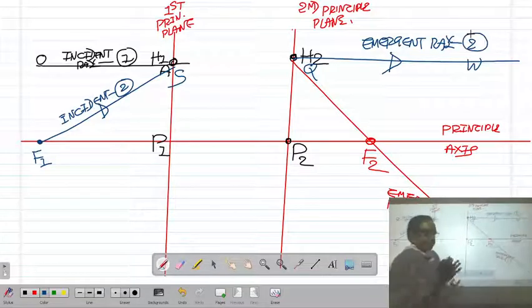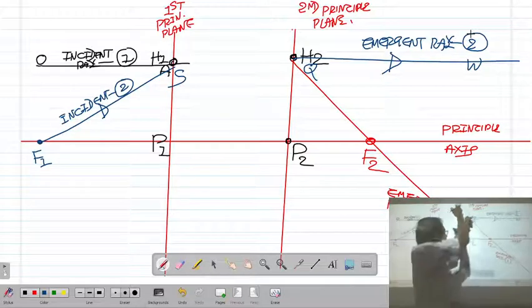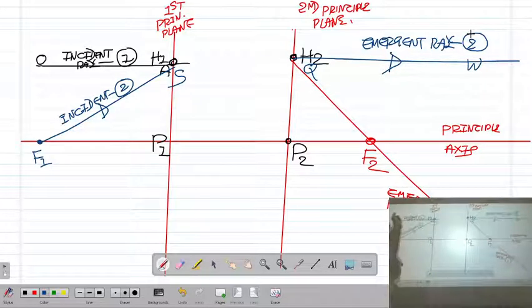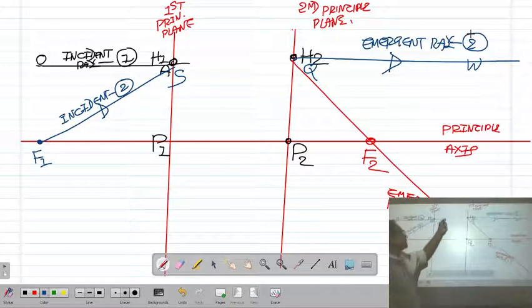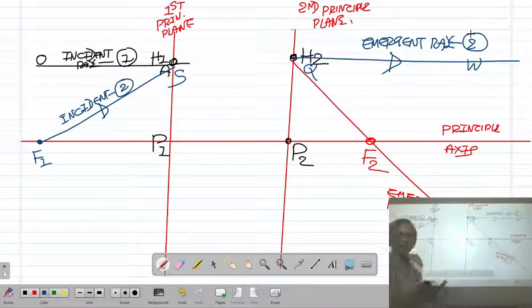So I combine both the figures. Try to understand them separately. Number one, the first incident ray OA traveling parallel to the axis is incident on the first principal plane at point H1. It is refracted from point H2 of the second principal plane and emerges in the direction H2F2. So H2F2 is the first emergent ray.